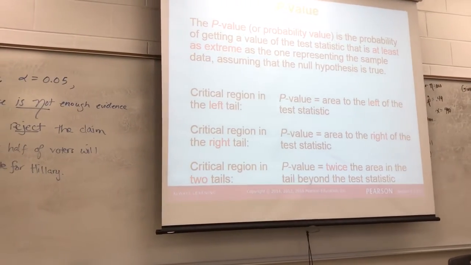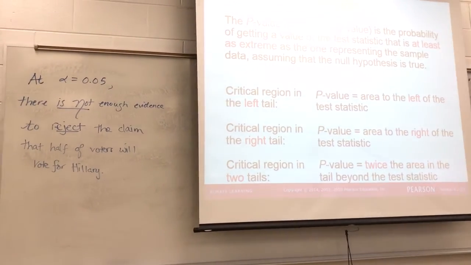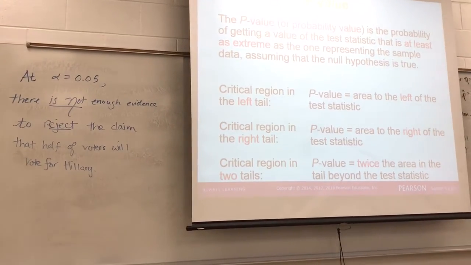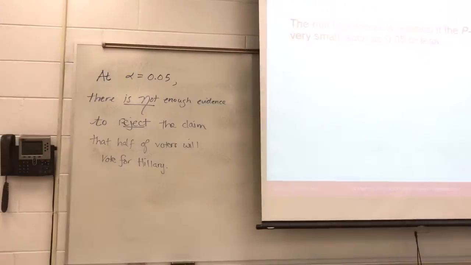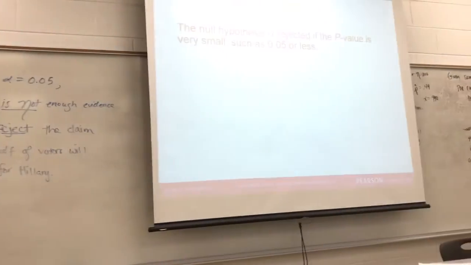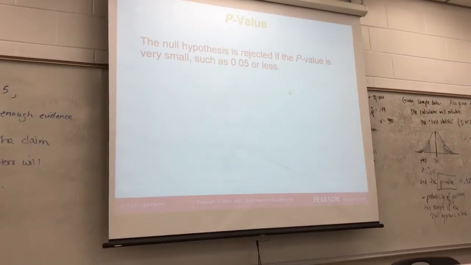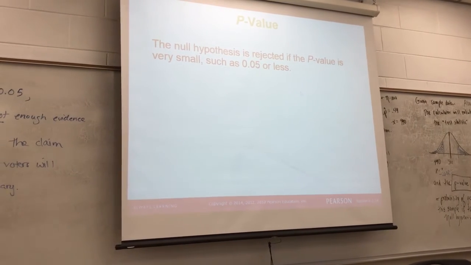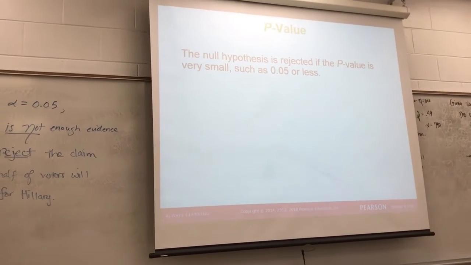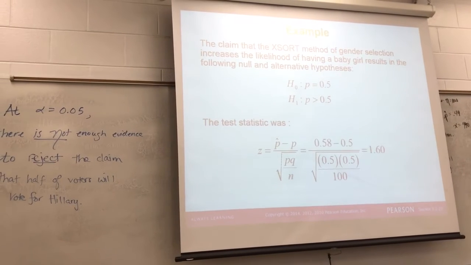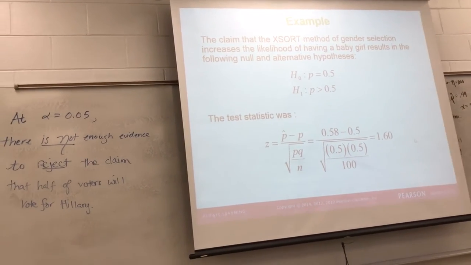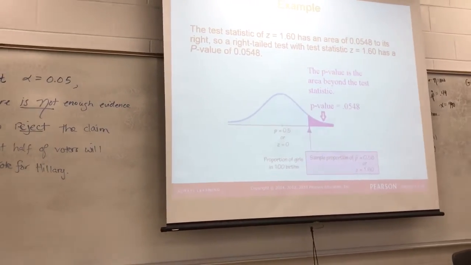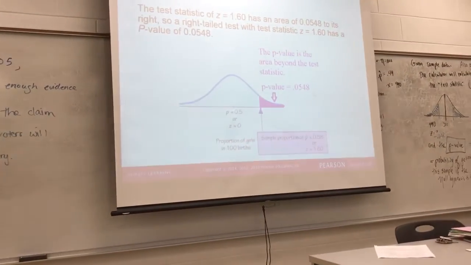All right, so p-value is the area beyond the test statistic in one direction or both. And we reject the null hypothesis if the p-value is too small to believe. They say very small, smaller than alpha. All right, so back to this example, we got the setup, there's the test statistic, and there's the p-value.